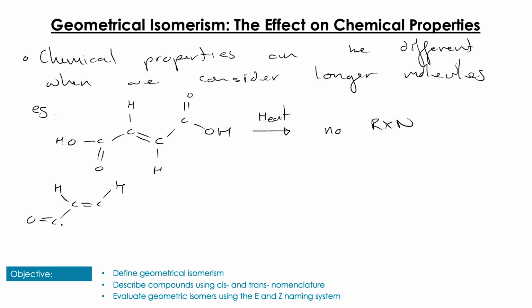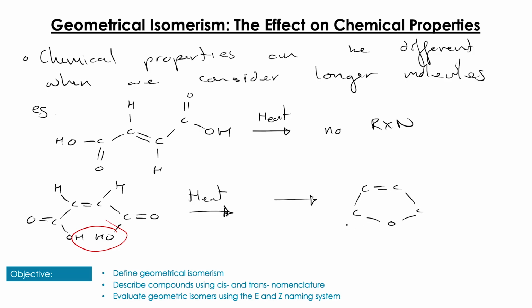However, if we look at the cis, then the functional groups will be facing each other, and we're going to get an esterification of that bond, and that is where we can close the ring and actually form a ring-based structure, a furan ring in this case, which has very different chemical properties to that of the original dicarboxylic acid we had. So we can see huge variation in chemical properties here.